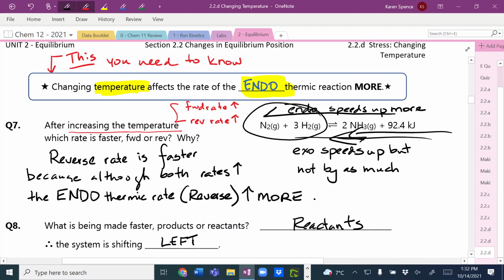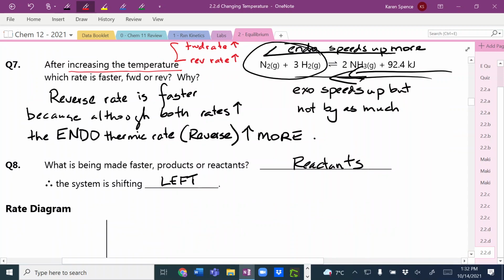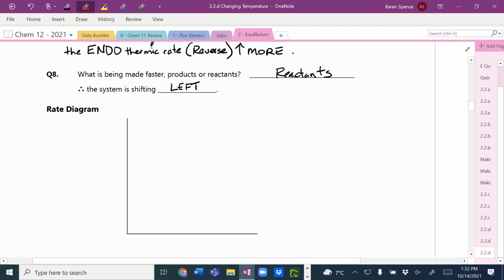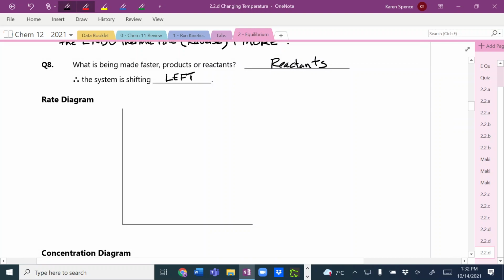You can say it's shifting away from the heat term if you want to explain it in terms of Le Chatelier. And we're going to get to that in just a moment, and then we're going to take our break, and then we're going to do the lab. So we're almost done here. Maybe we'll just do the diagrams and we'll finish the rest of it next day, okay?